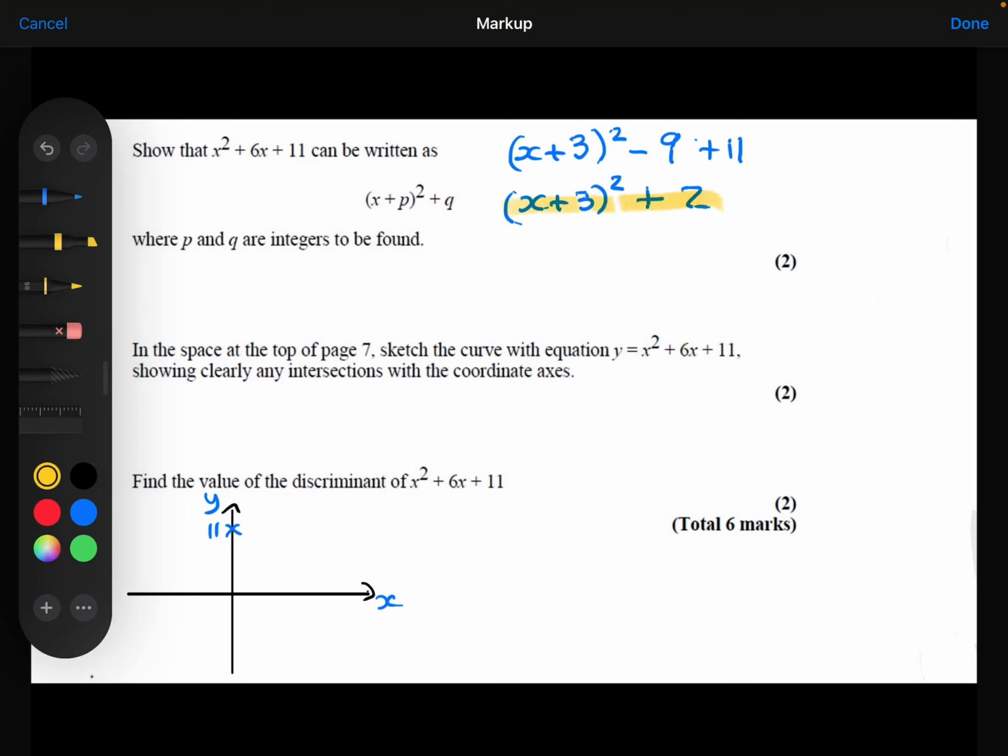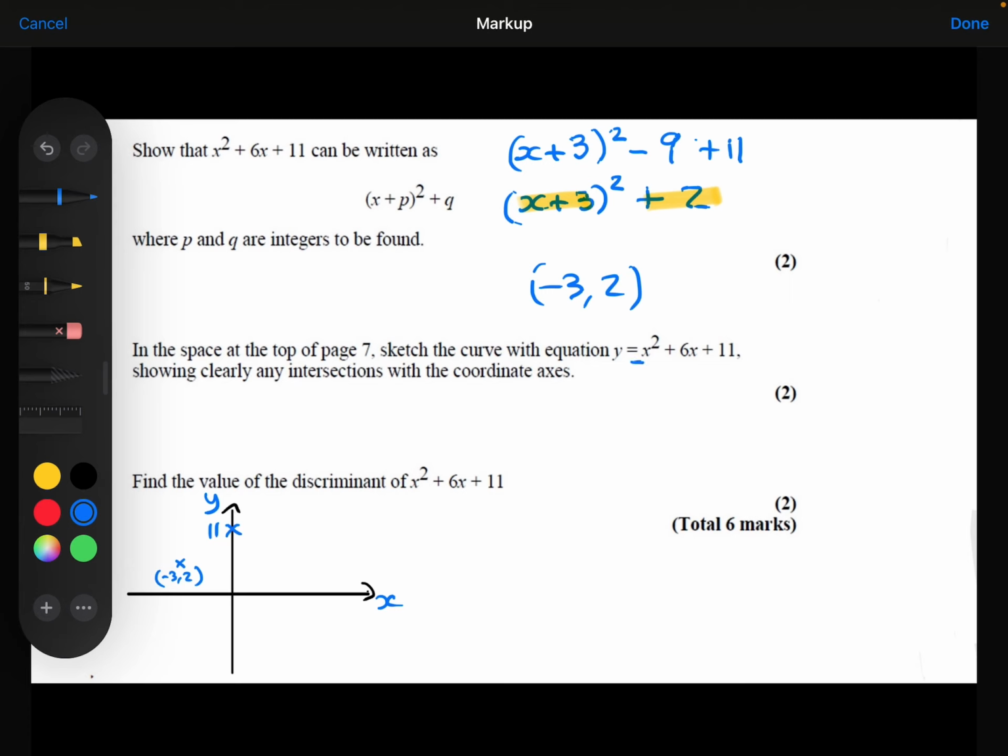This is telling me that my turning point will be at minus 3 and plus 2. So that coordinate is roughly here, (minus 3, 2). The x coordinate is minus 3, the y coordinate is 2.